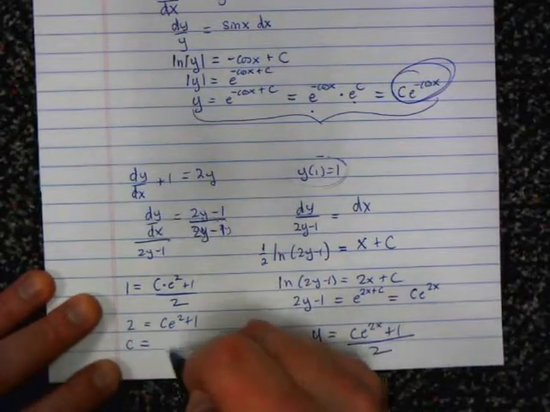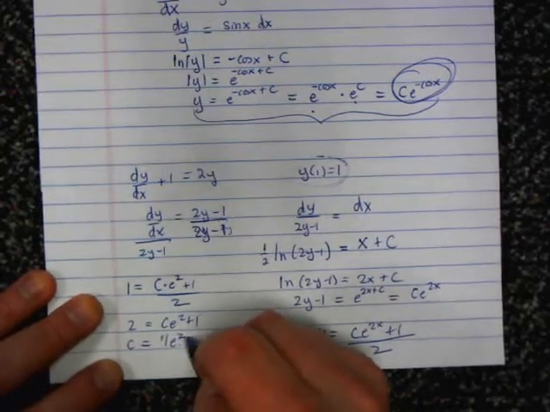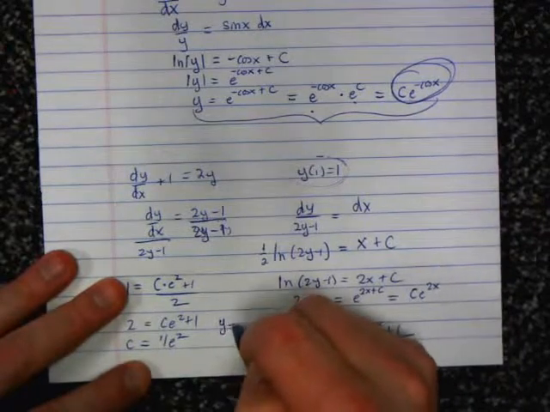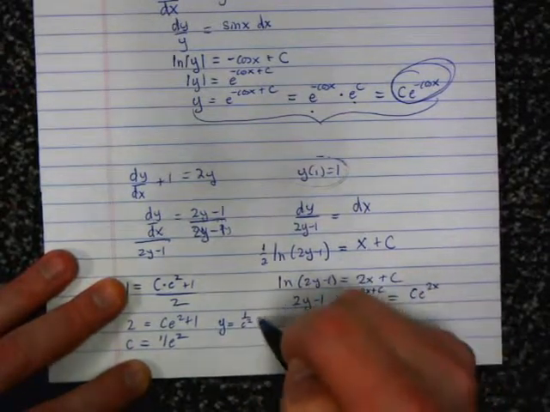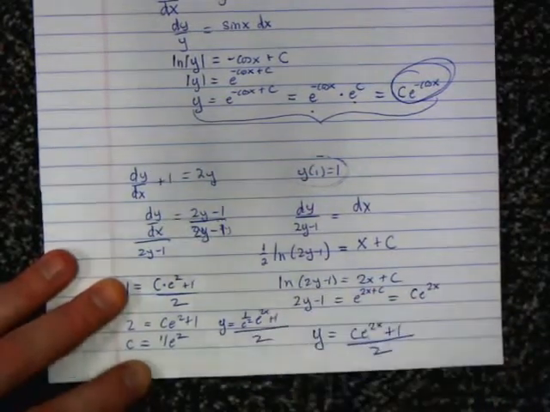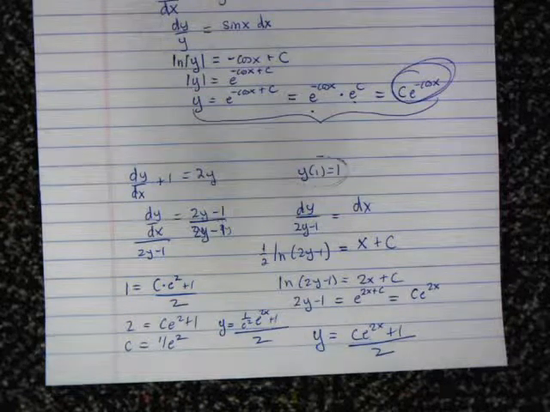So c is, subtract the 1, divide by the e squared, 1 over e squared. Final solution looks to be y equals 1 over e squared times e to the 2x plus 1 all over 2. Questions on that one?